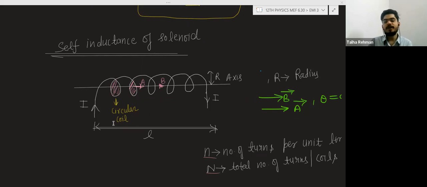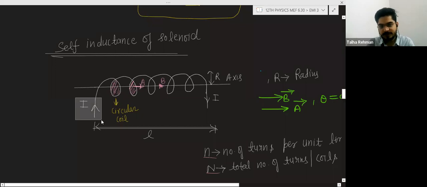Solenoid now, and in this solenoid, whenever there is a current change, either the current is increasing or decreasing, then what happens?